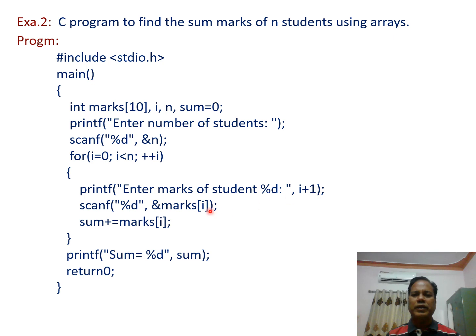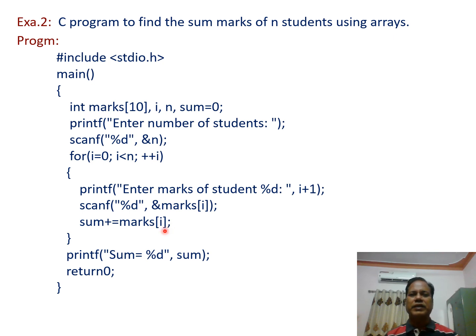Then sum += marks[i], using the shorthand operator plus equal. The entered marks that are stored are taken in and added to the previous sum. So sum += marks[i] means sum = sum + marks[i].